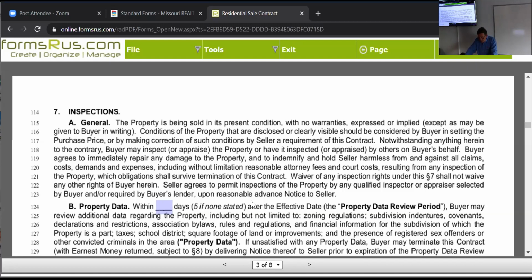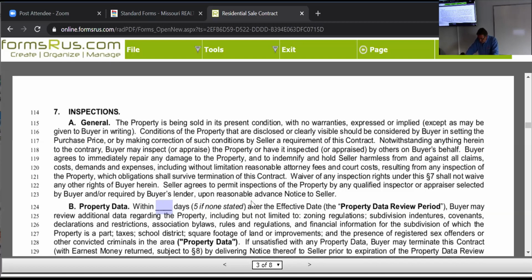On line 124 on property data, this has been referred to by some agents as the buyer remorse paragraph, because if you leave that in there, it says within blank days, 5 unstated, after the effective date, which is called the property data review period, buyer may review additional data regarding the property, including but not limited to zoning regulations, subdivision indentures, covenants, declarations and restrictions, association bylaws, rules and regulations, financial information of the subdivision property is a part of, taxes, school district, square footage of land or improvements, and the presence of registered sex offenders or other convicted criminals in the area.